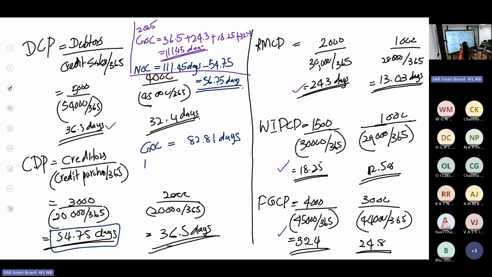Ishara, how much is NOC for 2024? NOC is 82.81 minus 36.5. How many days?